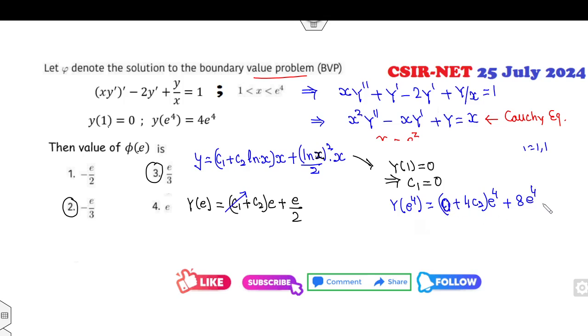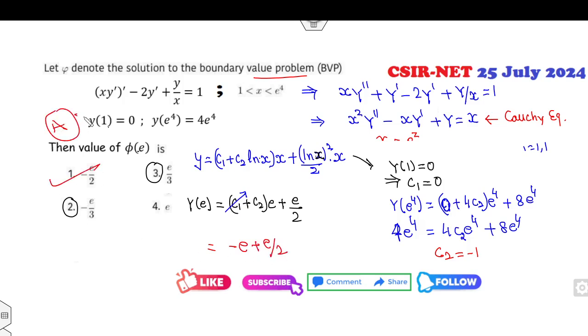C1 is also 0 and this value comes to be 4 times e raised to power 4. Can you find the value of C2? Clearly C2 is minus 1. So if I substitute this value, minus e plus e by 2, minus e over 2 is the right answer of this problem. It's a Cauchy-Euler equation and you can easily solve this problem in the examinations.